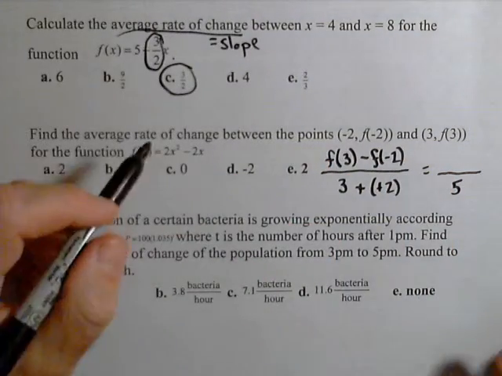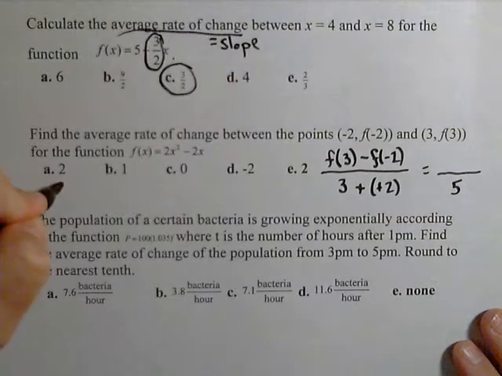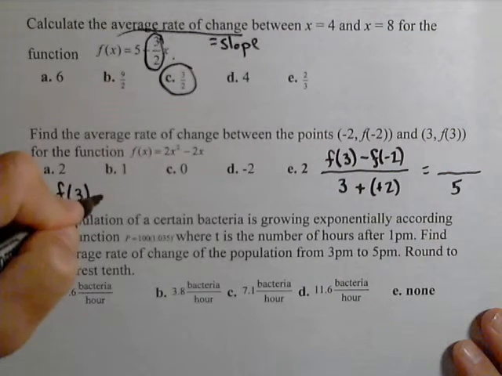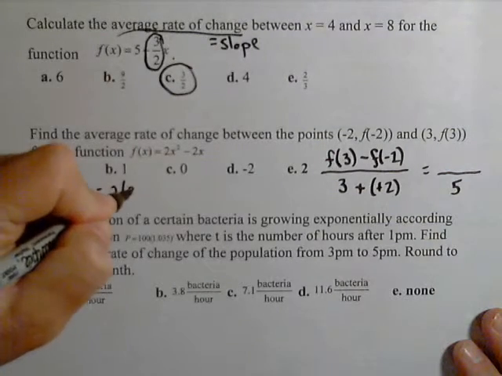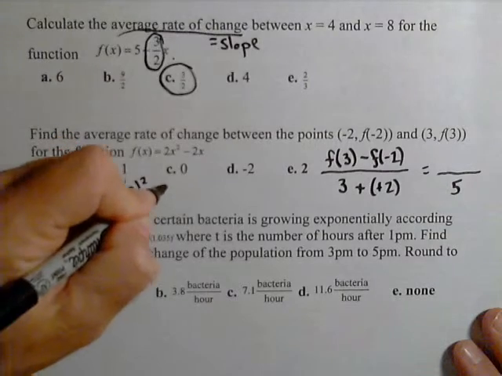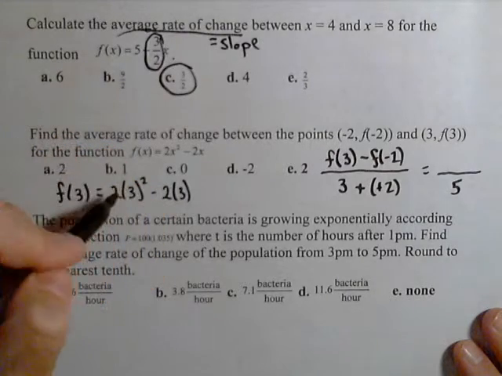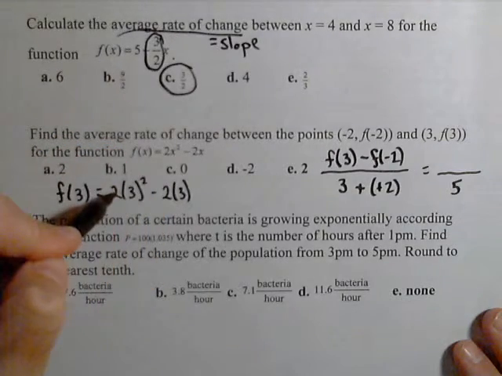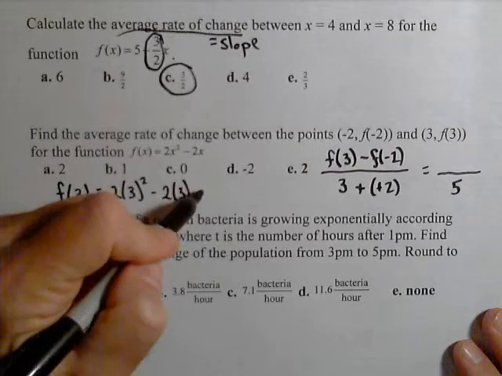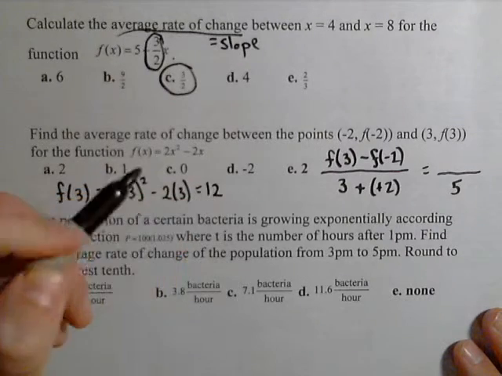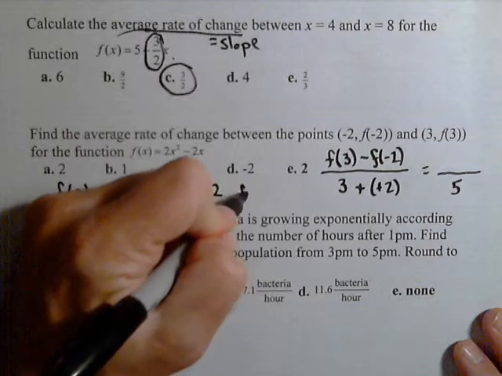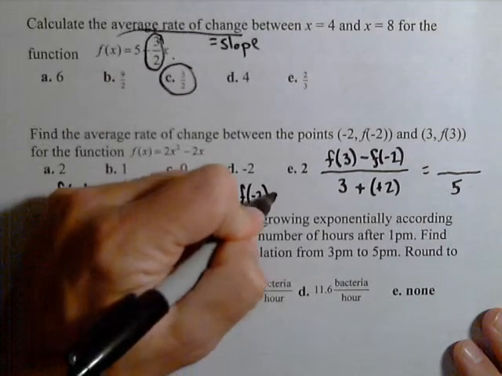So we have to use our function to calculate f of 3, which is 2 times 3 squared minus 2 times 3. 3 squared is 9, times 2 is 18, minus 6 is 12. We also need f of negative 2.